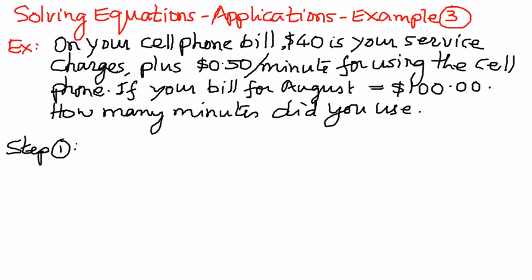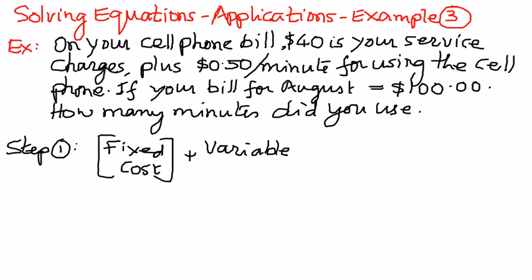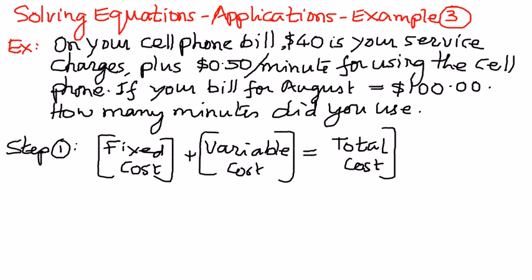Step number one. We have some fixed costs, and then we also have some variable costs. And this fixed cost plus this variable cost should equal the total cost. By reading the problem, we see that the fixed costs are going to be $40.